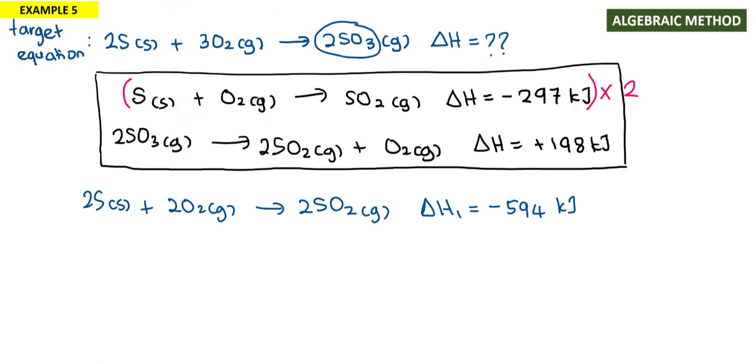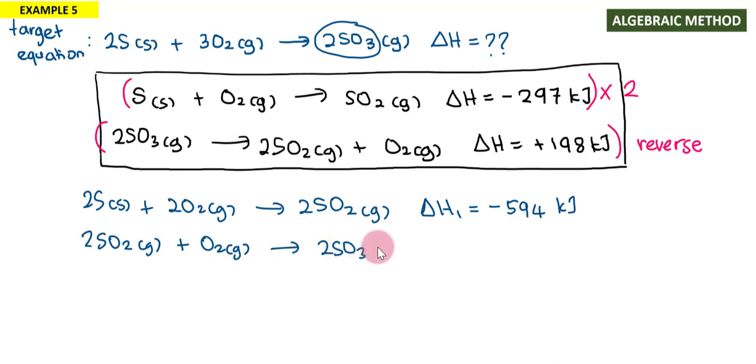So what I need to do here is reverse all of this, make it a reverse reaction. The reverse reaction should give me 2 moles of sulfur dioxide plus 1 mole of oxygen gas produce 2 moles of sulfur trioxide.